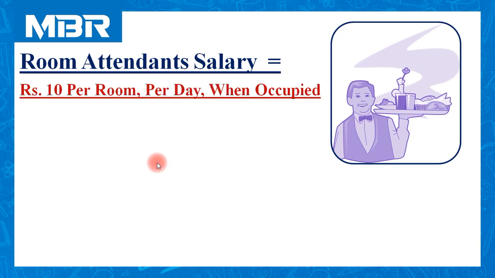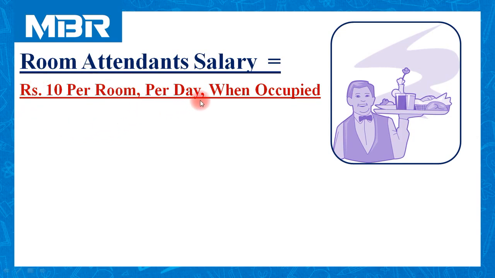As per the information, salary of room attendant is rupees 10 per room per day when occupied. So in this statement, there are three different conditions involved that we need to understand very clearly. We need to pay rupees 10 per room.